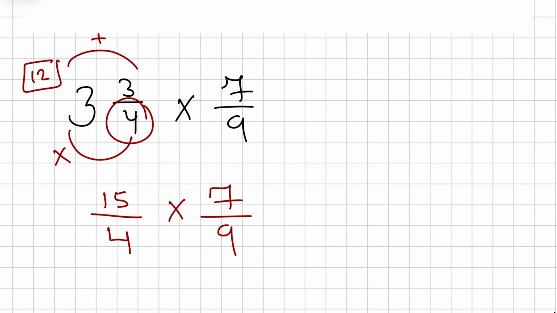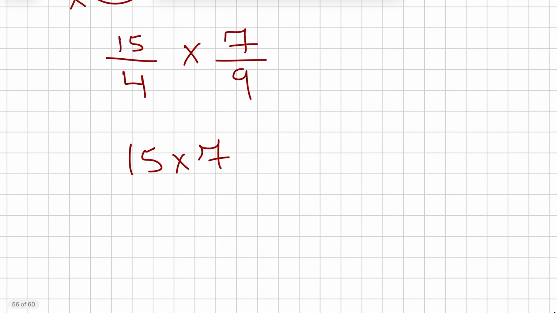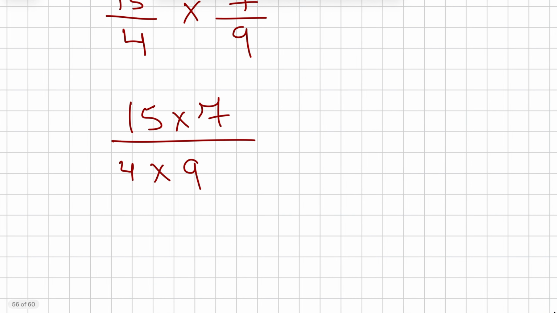We multiply simply. When you plot this on your calculator, you're going to write 15 times 7 over 4 times 9. Remember, guys, we don't have to make the denominators the same. We just multiply here because it's multiplication. When you do this, the numerator is going to be 105.